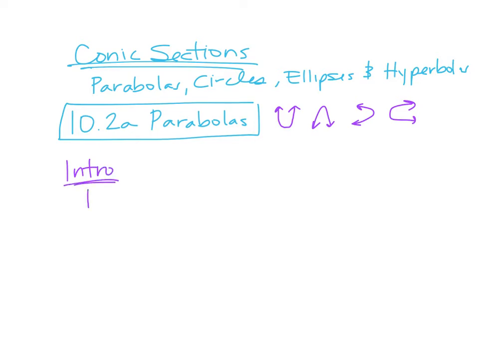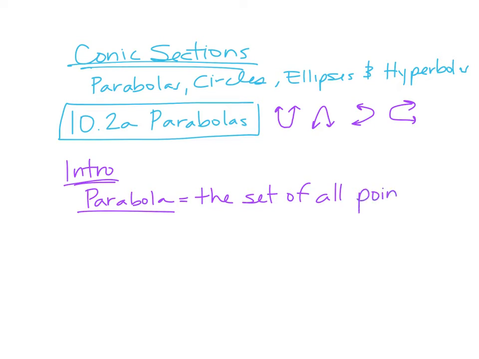So with that, let's just define it so everyone knows what we're talking about, because this definition helps a lot with what we're going to do today. A parabola is the set of all points, and they're all going to start like that, the set of all points, but then they change.